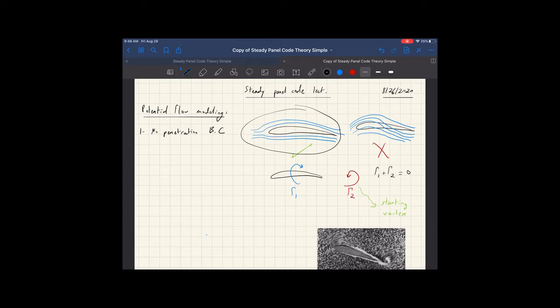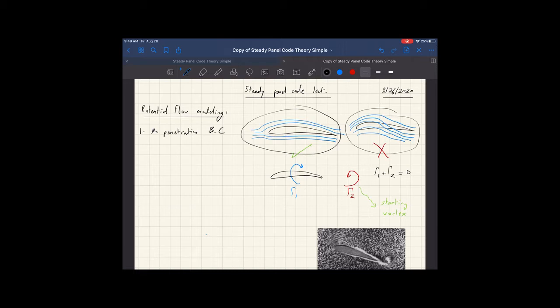So here the flow is physical, but here you can see the streamline is penetrating the wing, which means that the fluid is going into the wing and through it. And if you don't have a porous wing, that cannot happen. So that no penetration boundary condition is the first condition that has to be met, and it's really important.